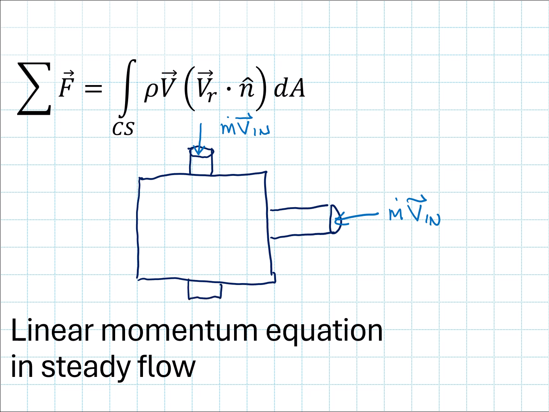And then let's say I've got a couple of outlets. And I'll make my momentum out a different color. So in these locations, I've got momentum that's fluxing out from the control volume and going outside.